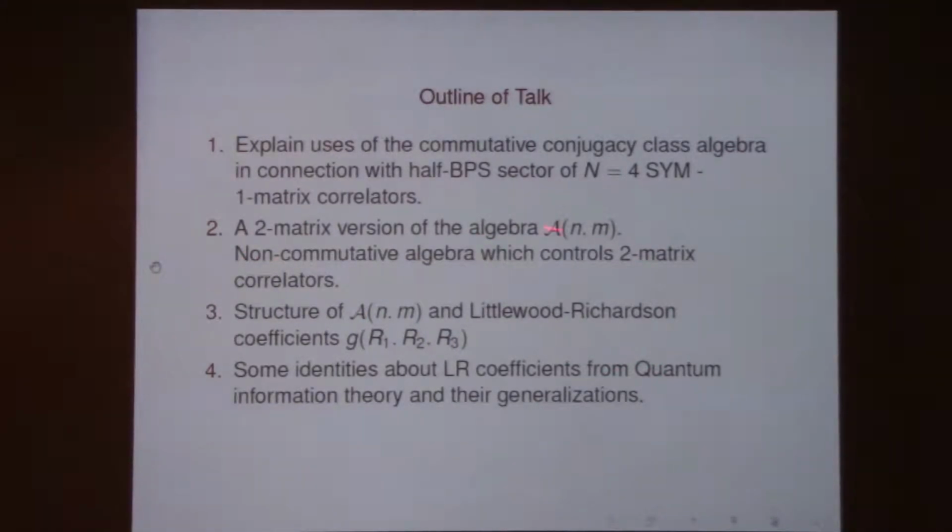This is the non-commutative algebra which controls two-matrix correlators. Then I will talk about the structure of this non-commutative algebra and how it is related to Littlewood-Richardson coefficients. It seems to know a lot about them, and I'll explain in what sense.